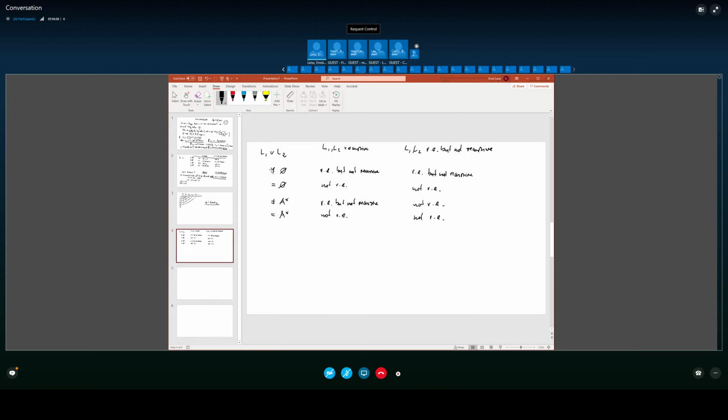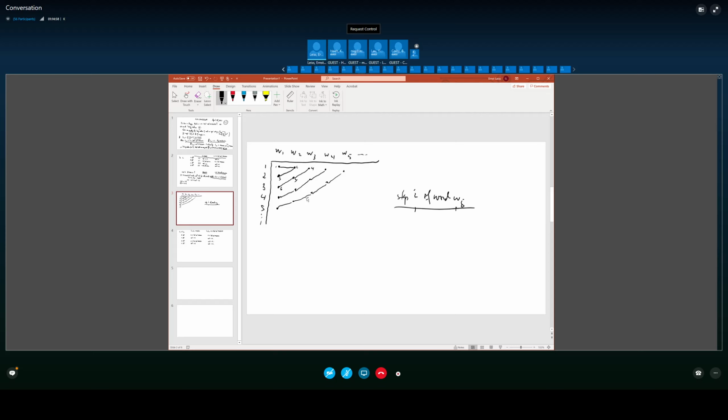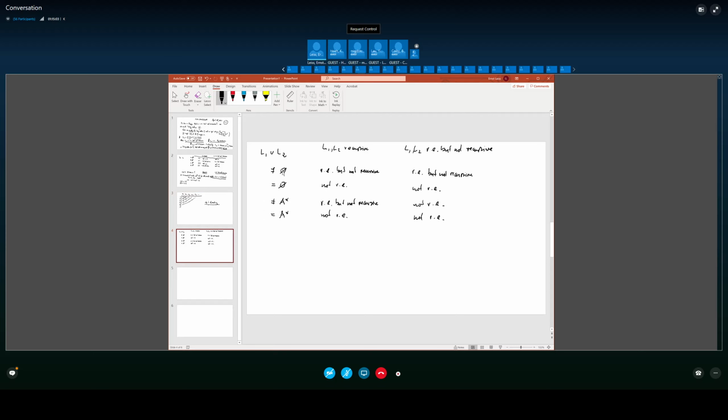And if then both of them are RE, but not recursive, well, you can find a word that is in one of those two languages. This is union, so if you have a word that is in one of those two, then obviously the union is not empty, and if such a word exists in either L1 or L2, you will find it in a finite number of steps, and you will be able to answer, yes, this is not empty, so this is recursively enumerable.